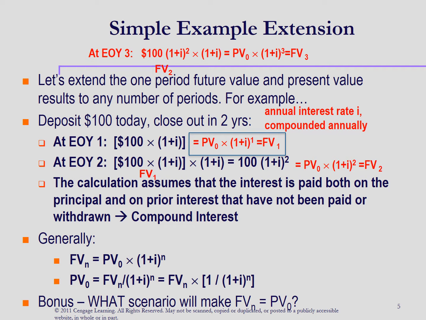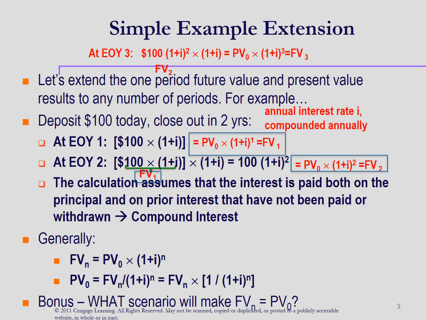At the end of year 2, the account balance will be the account balance at the end of year 1 times 1 plus interest rate, equal to the present value today times 1 plus interest rate raised to power 2, represented by the symbol FV2.